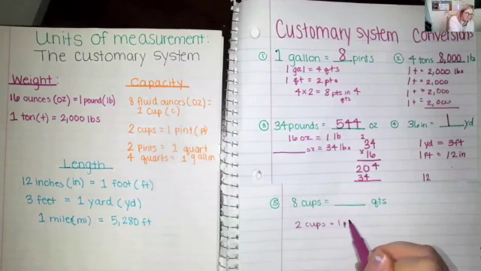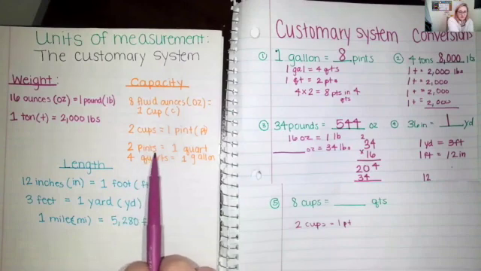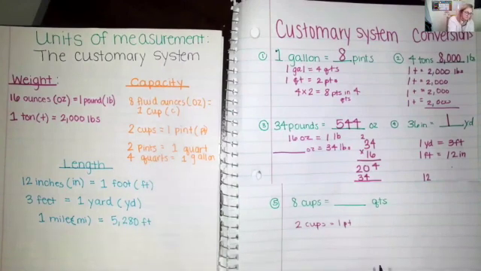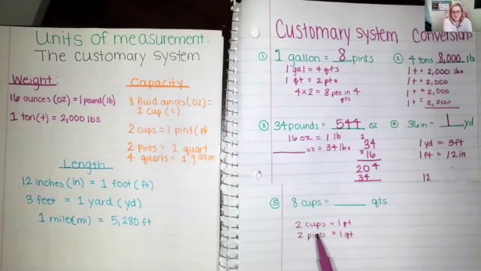I also know that 2 pints equals 1 quart. I want to figure out if 2 cups is 1 pint and 2 pints is 1 quart, how many cups equal 1 quart?